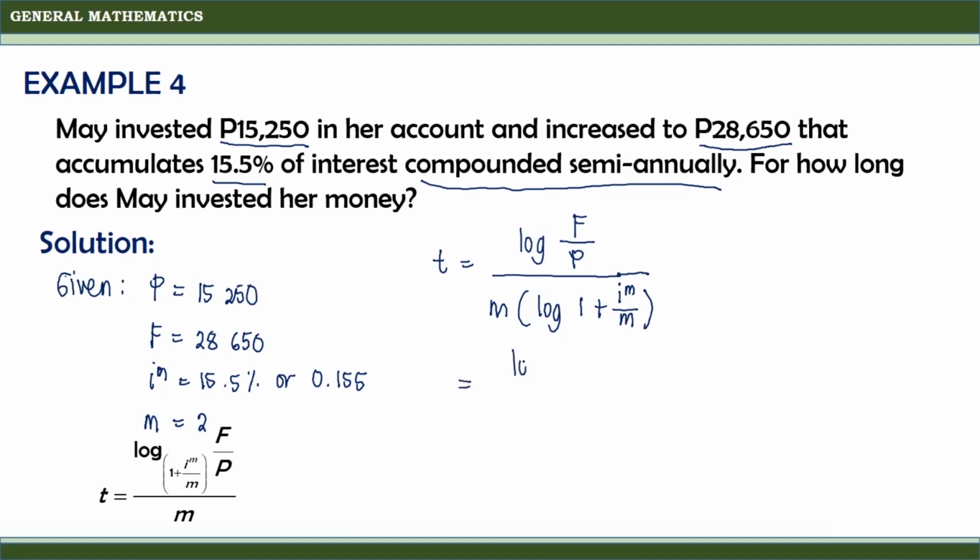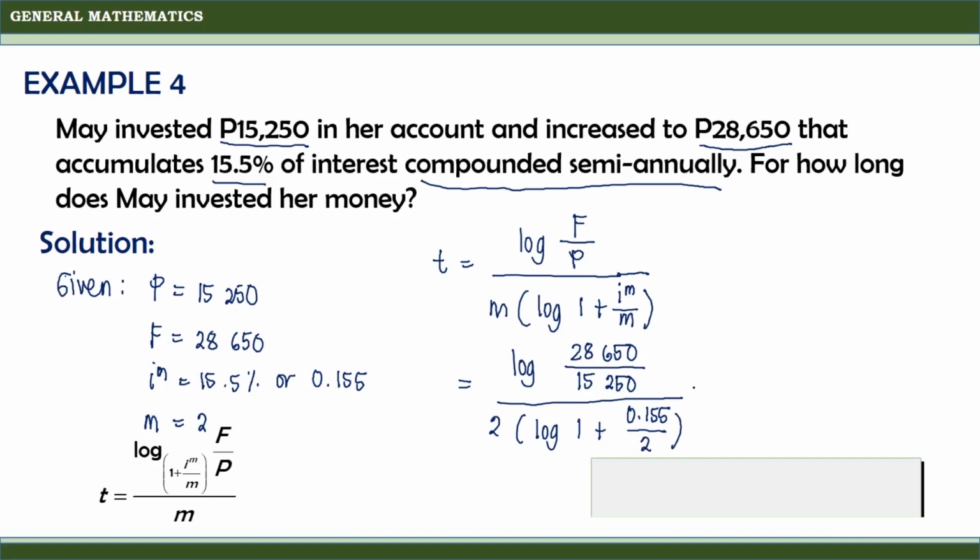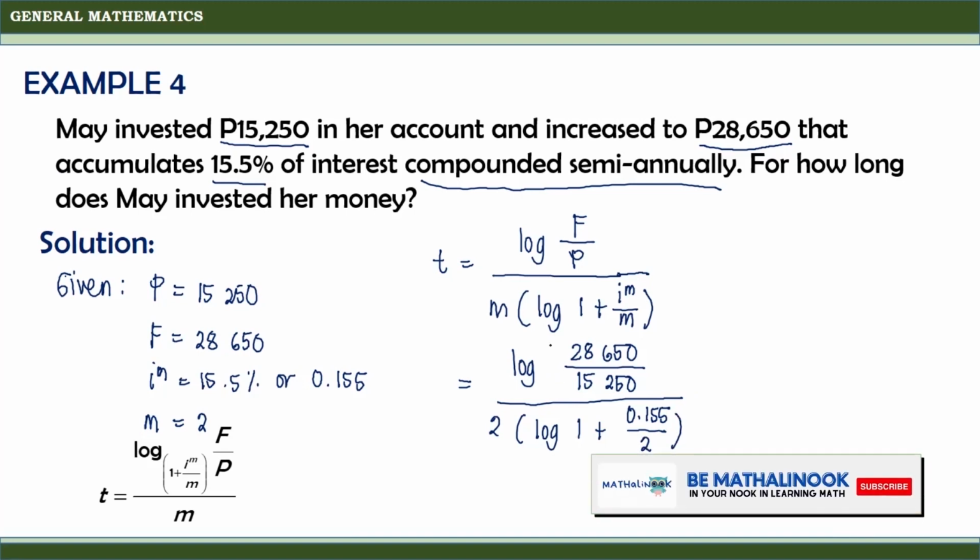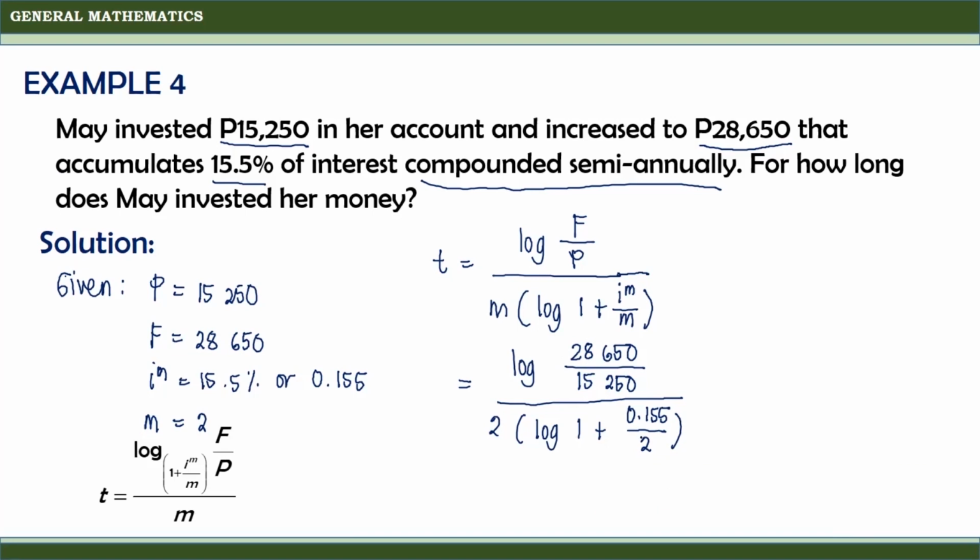Then we will have logarithm of 28,650 divided by 15,250 all over 2 times the logarithm of 1 plus 0.155 divided by 2. The first thing that we need to solve here are 28,650 divided by 15,250 and 0.155 divided by 2.